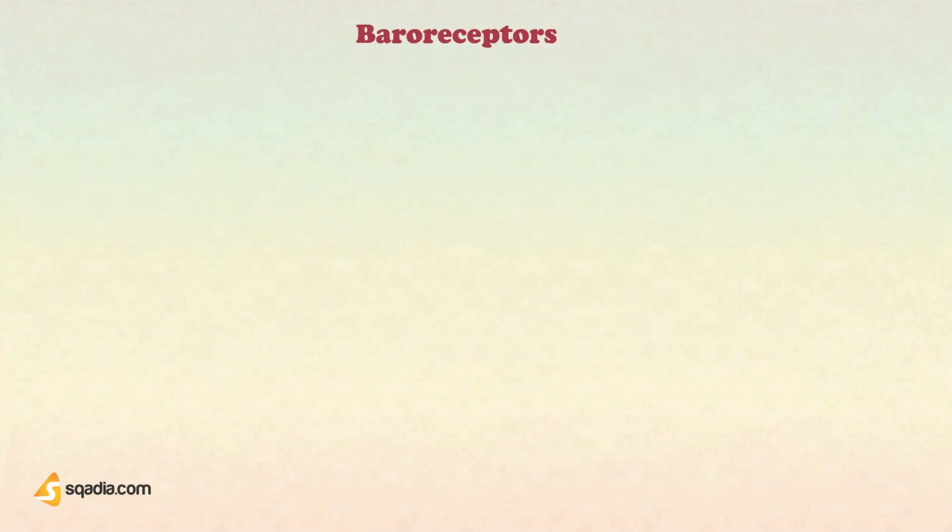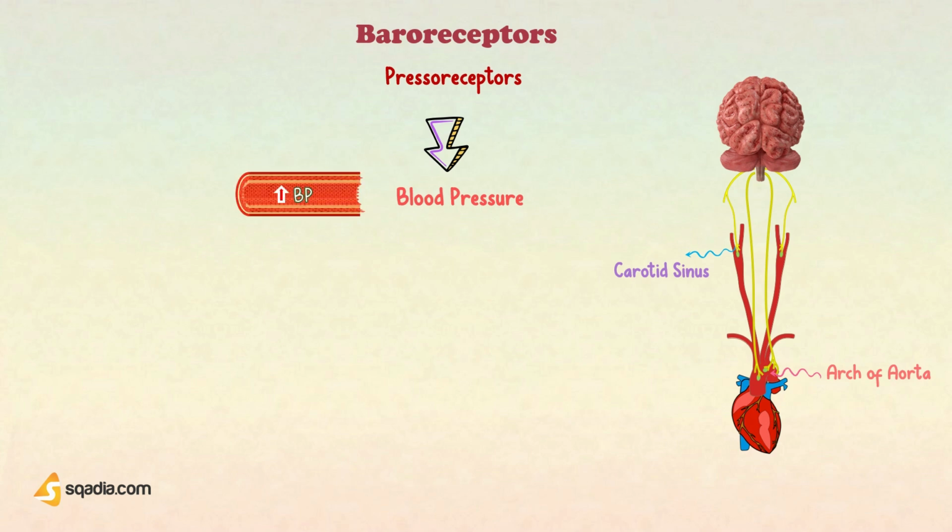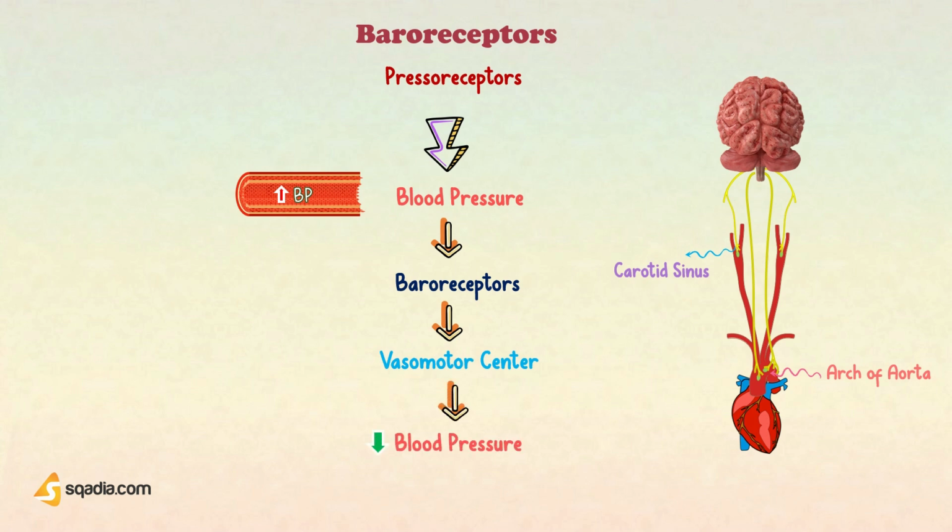Now, after irritant receptors, next we have baroreceptors. Well, baroreceptors or pressoreceptors are the receptors which give response to change in blood pressure. Baroreceptors residing in the carotid sinus and arch of aorta give response to increase in blood pressure. Whenever arterial blood pressure increases, baroreceptors are activated and send inhibitory impulses to vasomotor center in medulla oblongata.